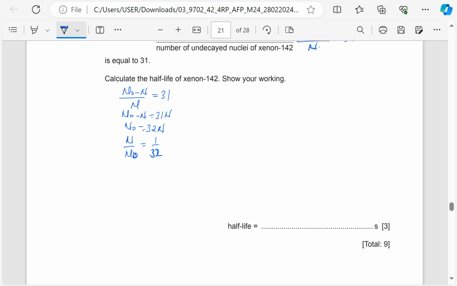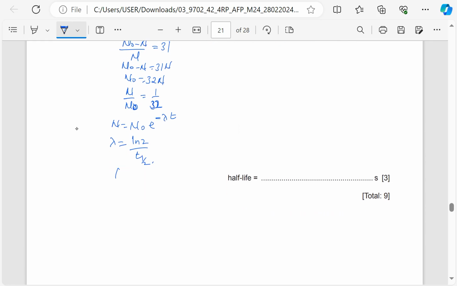But I also know that n is equal to n naught e power minus lambda t, and lambda is equal to ln of 2 divided by the half-life. So n over n naught is e power minus ln 2 over t half, times t.